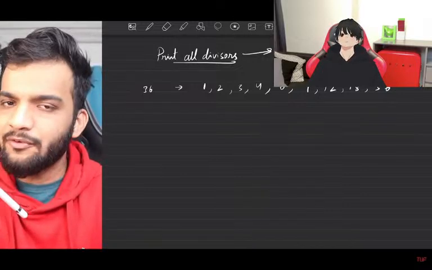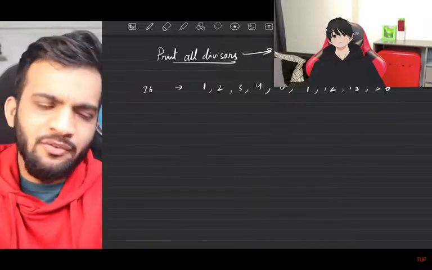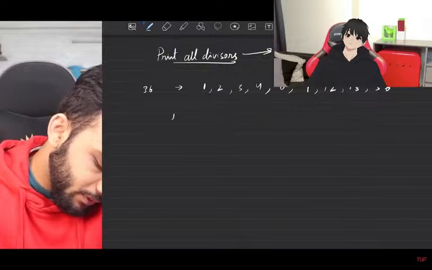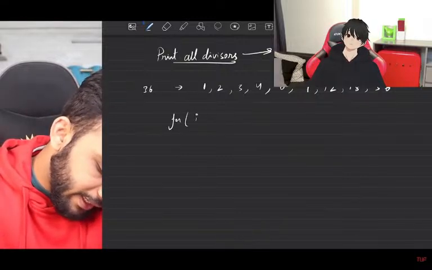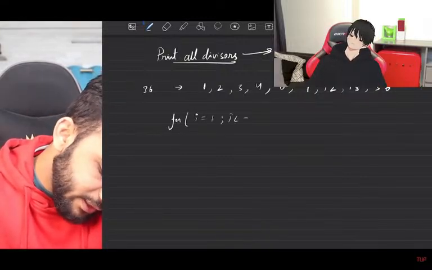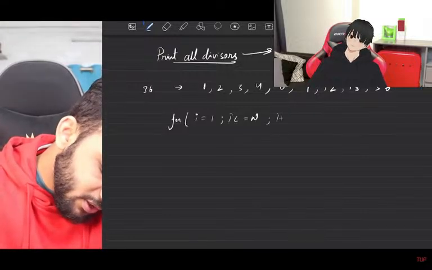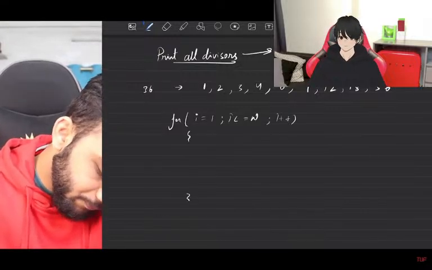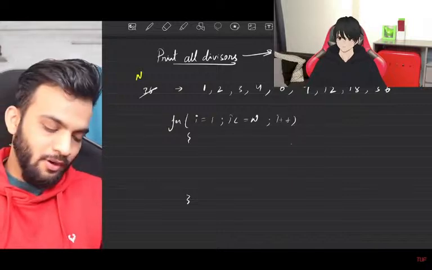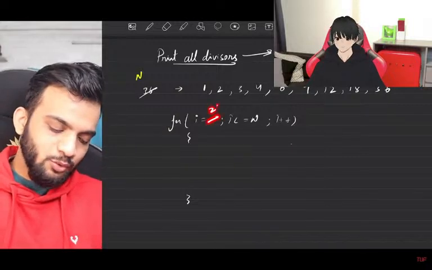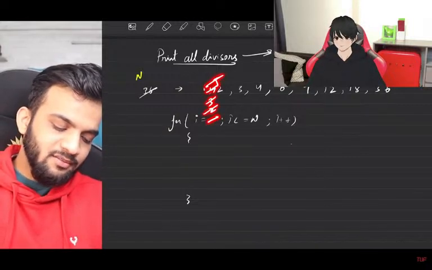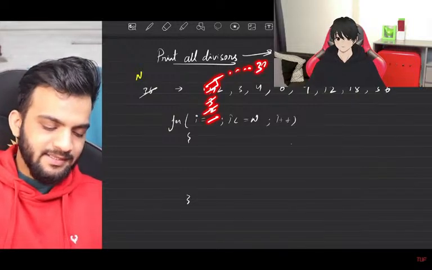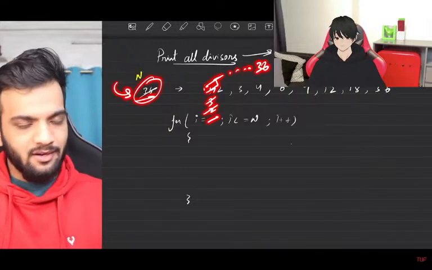So let's start the loop from i equal to 1, i lesser than equal to n, and i plus plus. This is something I know for sure. So i is used to loop around. Now the first value of i is 1, then it's 2, then 3, then 4, then 5, and so on till 36 in this case, if it is n.